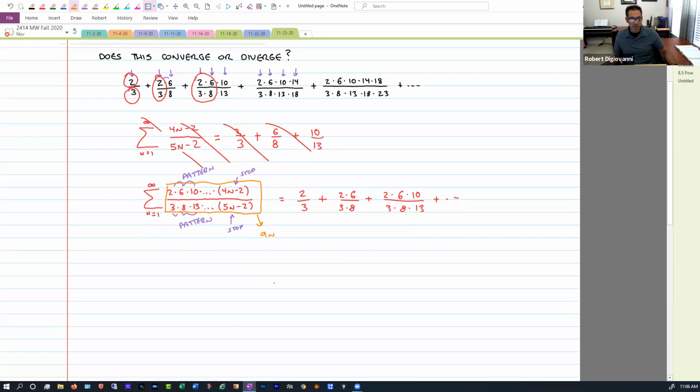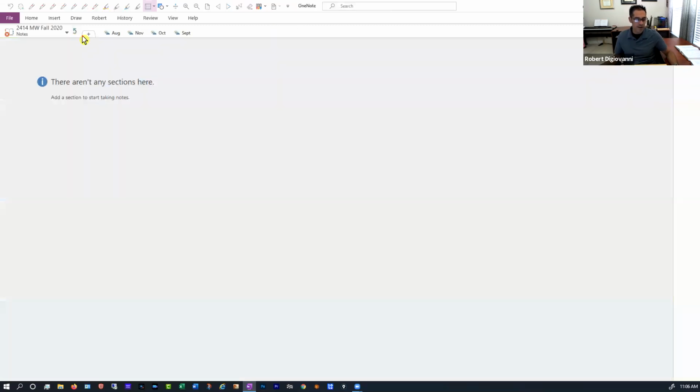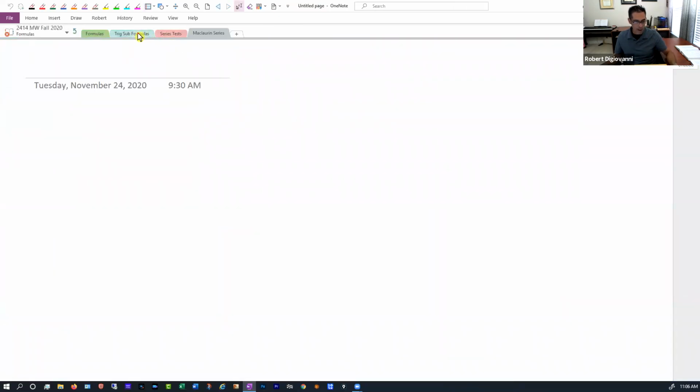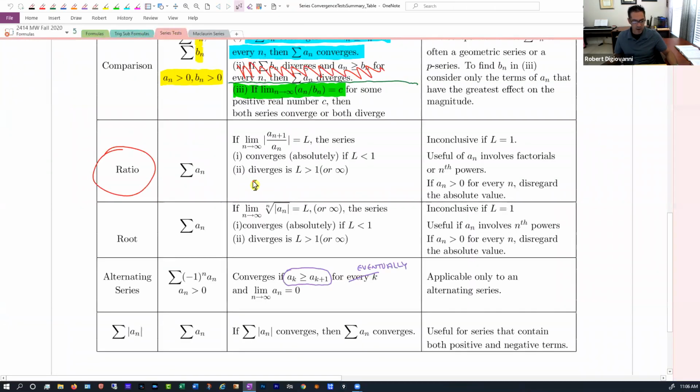And now what we need to do is run the ratio test. So to run the ratio test, remember that with the ratio test, what we're looking for is, let's bring it up here. Okay, ratio test, we're going to be looking at a series. We're going to take a limit as n goes to infinity of the absolute value of the ratio of the n plus 1 term over the n term.